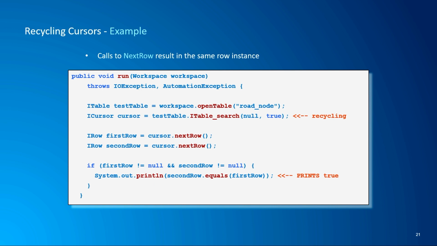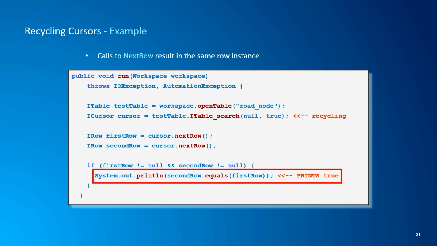And yes, they are, because we set recycling equal to true, so the row objects are the same. The data contained within is the same piece of memory, the same structures and all that. That's why first row and second row are equal. Essentially, when you call next row to get the second row, it's overriding the piece of memory, the row object that had been populated with the first row.